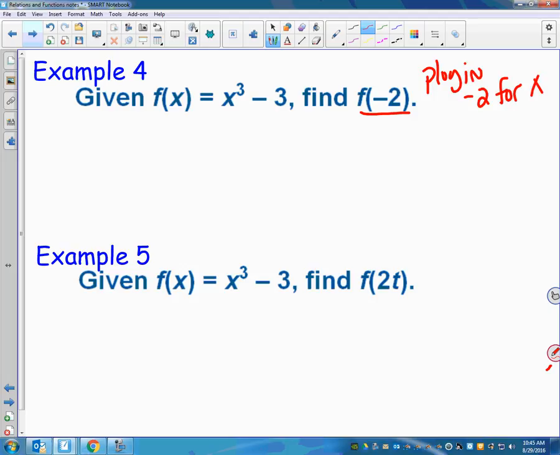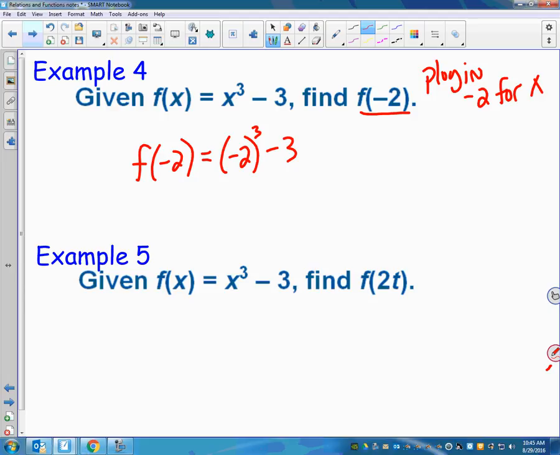Instead of saying find y when x equals negative 2, math people have created this lovely notation where all they have to say is f of negative 2. That means everywhere I see an x, I replace it with negative 2. I don't do anything to this side. I'm not solving for f. F is not a variable. I'm just saying the function when x is negative 2. Then on this side, I plug negative 2 into that problem.